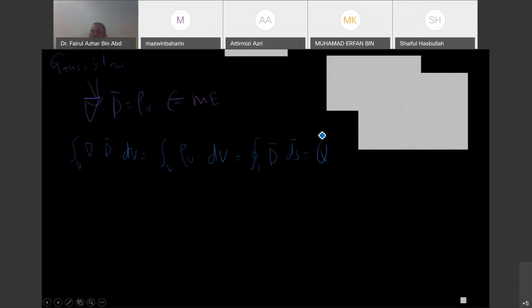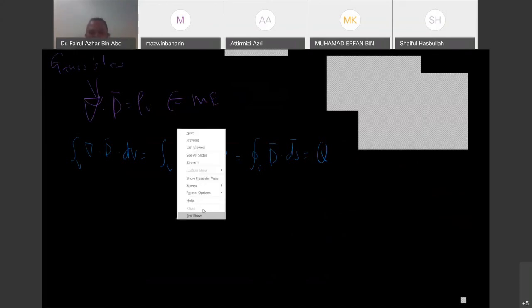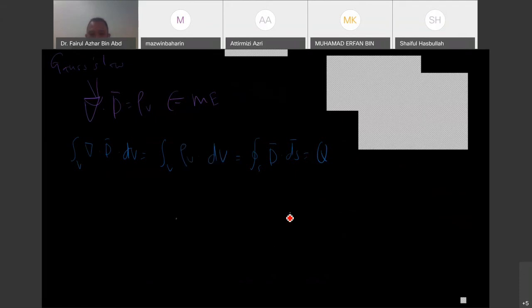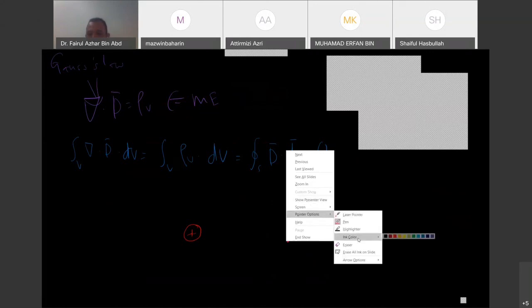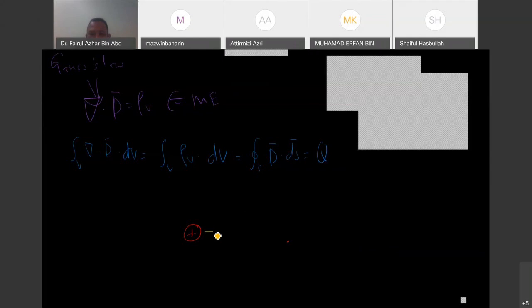All right, so in this Gauss's law, let's say we have one isolated particle charge, positive q for example, in order to relate it with Coulomb's law. If we have a positive charge, the field will be flowing outward from this particular charge.